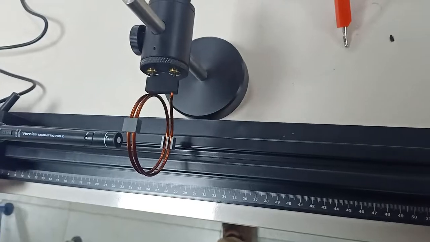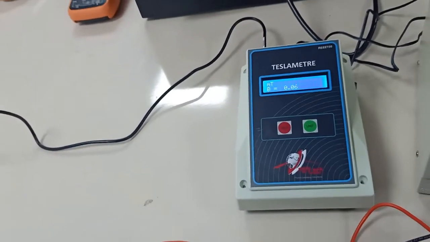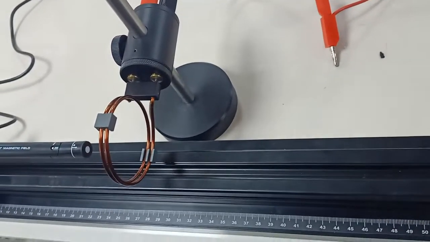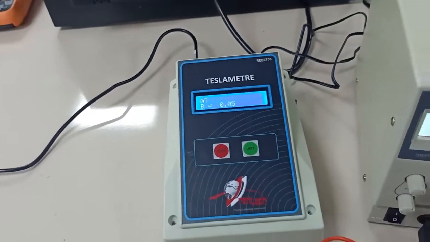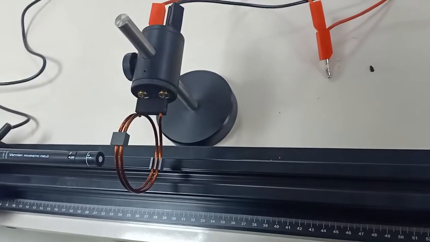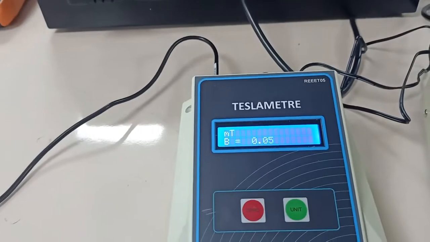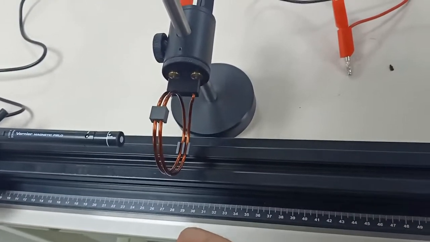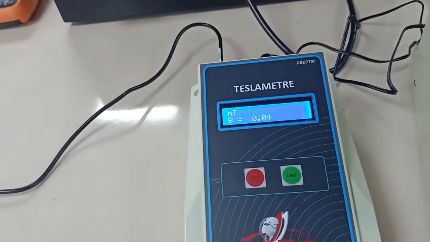When the distance is 4 centimeters, it is 0.06. When the distance is 4.5 centimeters, it is 0.05. When the distance is 5 centimeters, it is 0.04.